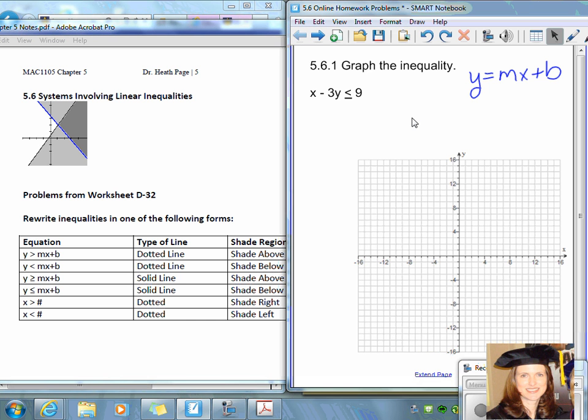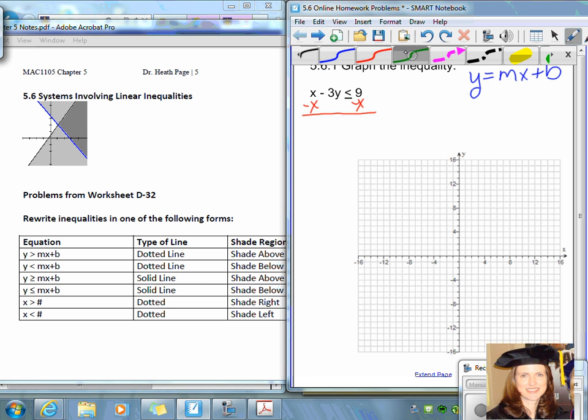All right, so let's get back to this problem here. We want to solve this inequality for y. I'm going to subtract x from both sides, and then that will give me negative 3y is less than or equal to negative x plus 9.